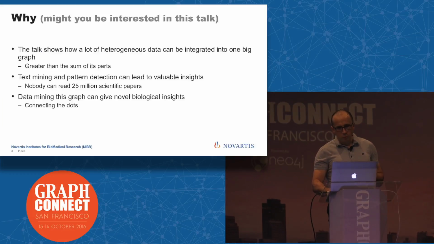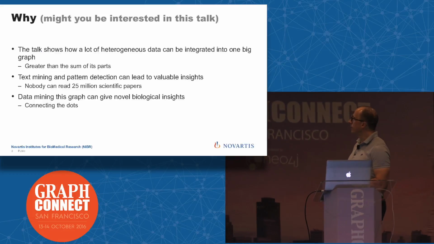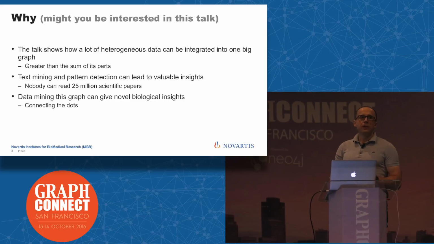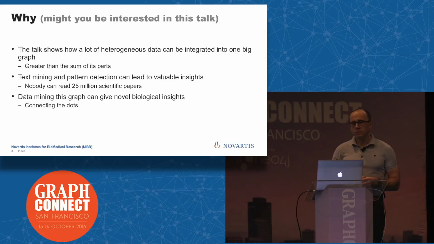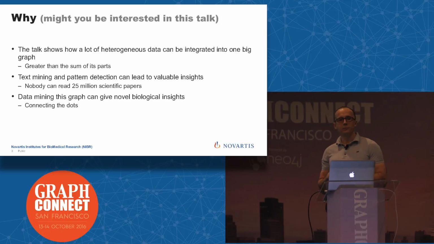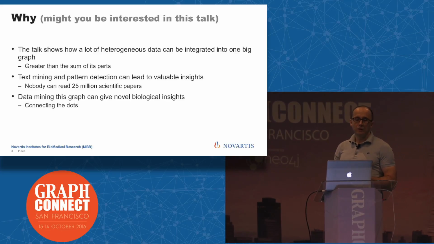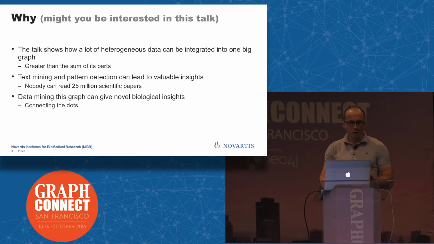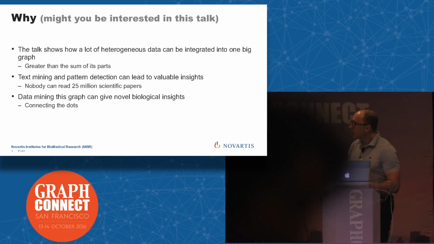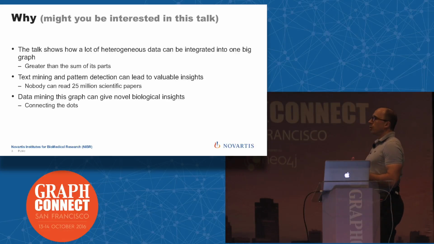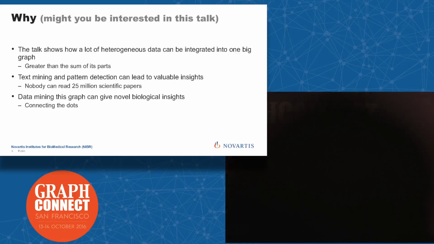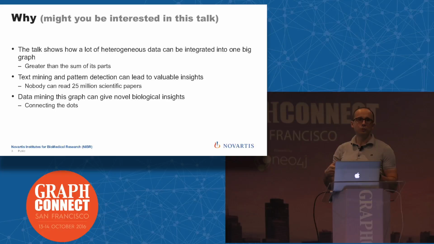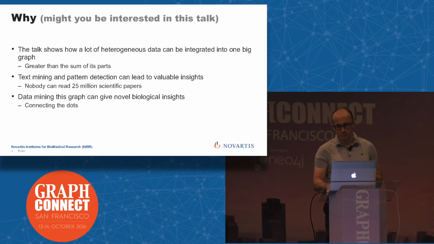So what I want to talk about today is a project that we've been working on for almost 3 years now, and we're now getting the first results, and they look very promising. So what I'm going to talk about is how we have combined lots of heterogeneous data and integrated that into one big graph that we're now using for querying.